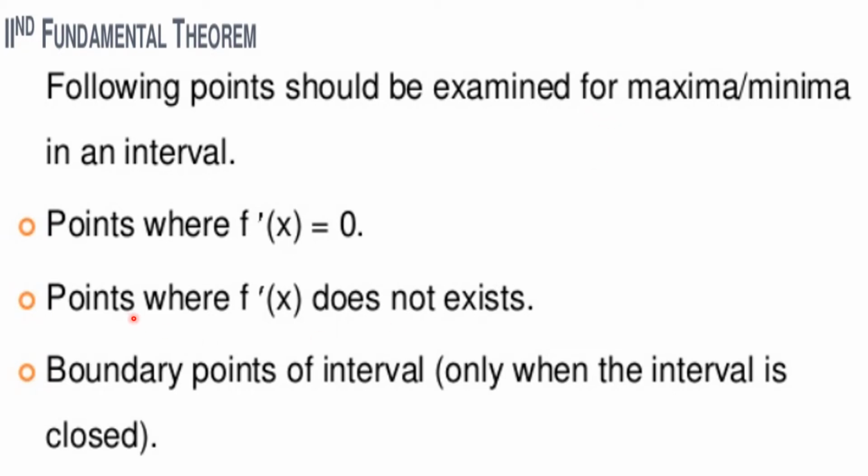And the points where f dash of x does not exist, we have to check as well. And at boundary points of the interval, if it is a closed interval, at boundary points also we have to check the maximum and the minimum. Okay, my children, understood this point?